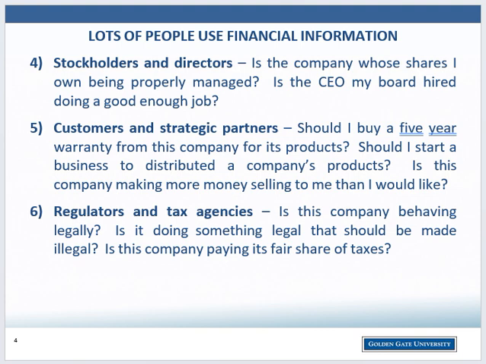Overall income or profit of the company is going to increase. As a result of that, they can get dividends. So that's the main goal of the stockholders. And the directors as well, is the CEO, the chief executive officer, doing a good job in terms of running the company. And then there are customers and strategic partners.